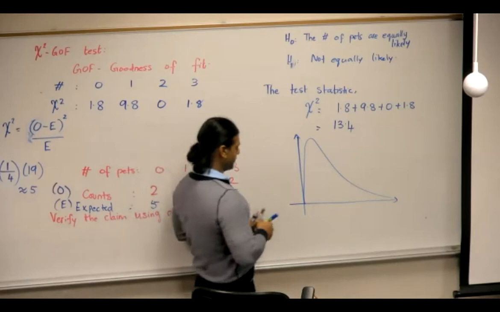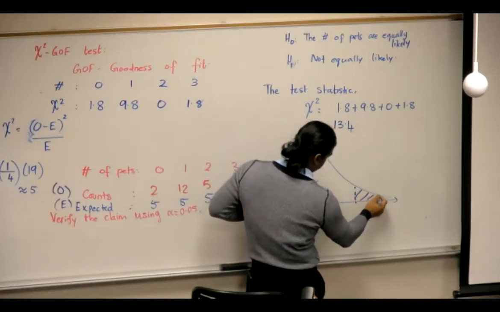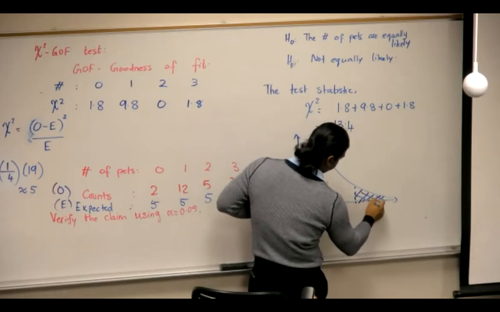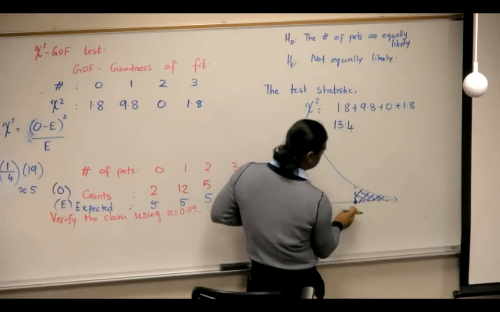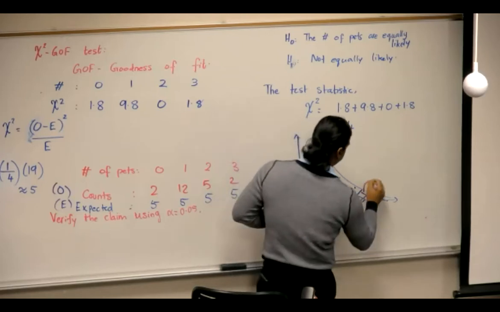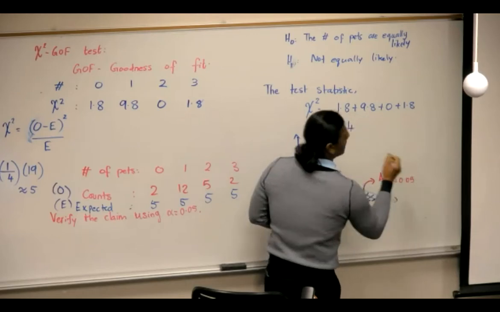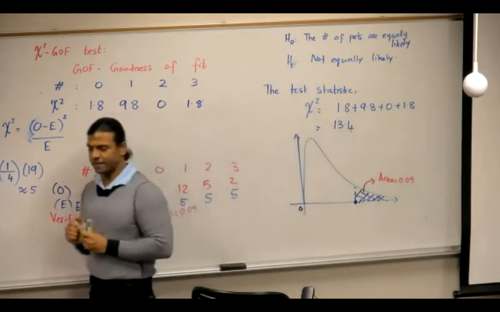Now we want to find the rejection region, which is going to be over here. We are going to use the critical value to determine the rejection region. The area is 0.05. How did we find that critical value last time?